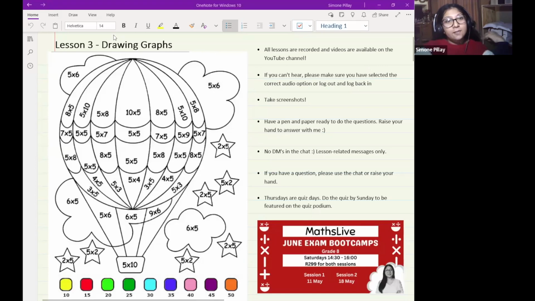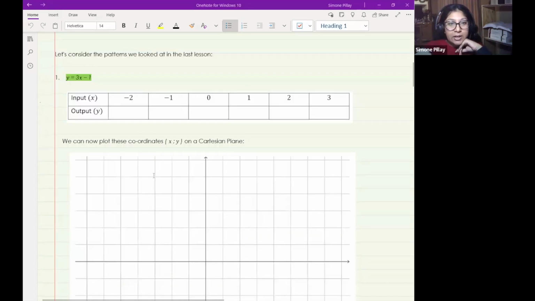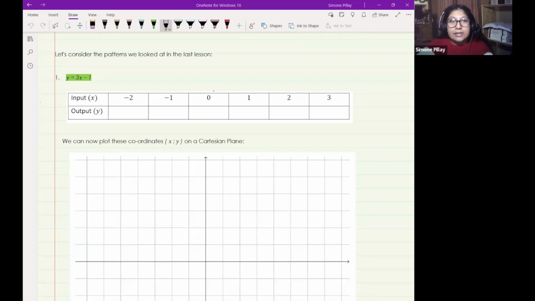So if we look at what we're doing today, we are looking at this method of representing relationships. So let us talk about it. Okay. So the ways in which we can represent relationships is this.